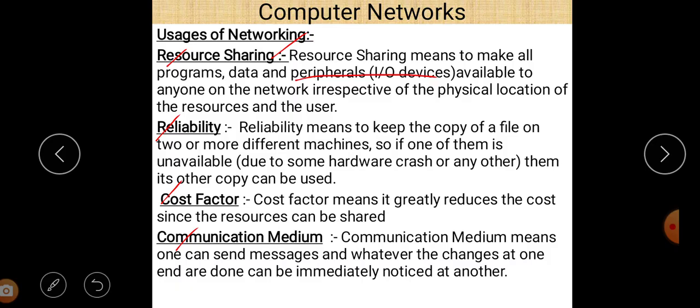You can easily see that in the banking system all the computers are connected to each other, and when they make a change at one end, the change is immediately noticed at the other end also. So communication medium is another use of networking.